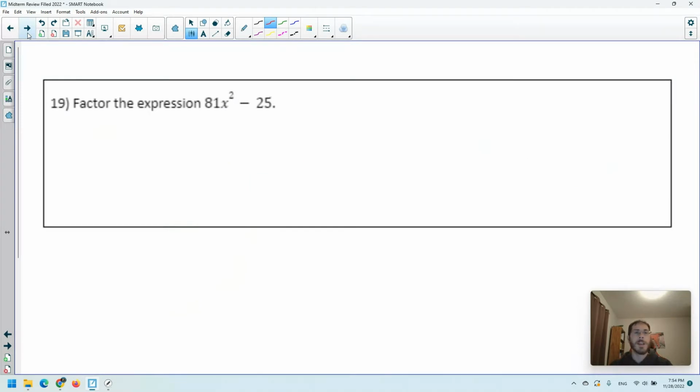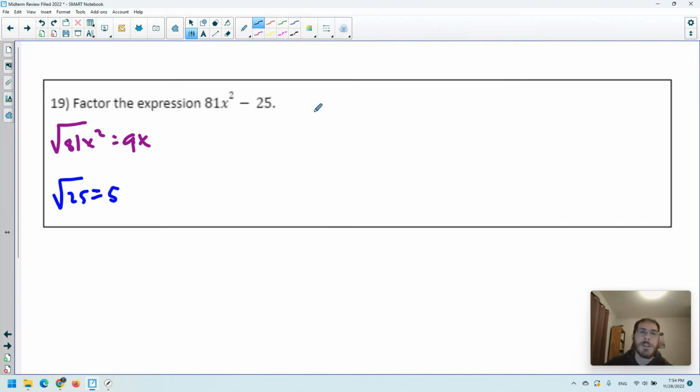All right, for 19, factor this expression. So again, this is one that's in the form of a squared minus b squared. So if I square root each of them, I'll get 9x for the first one. If I square root 25, I'll get 5.